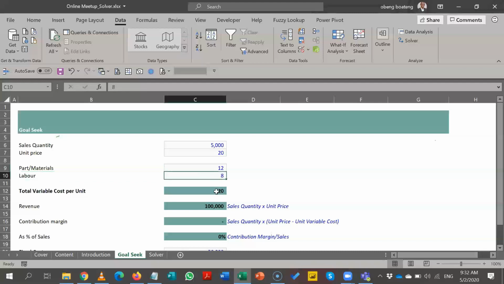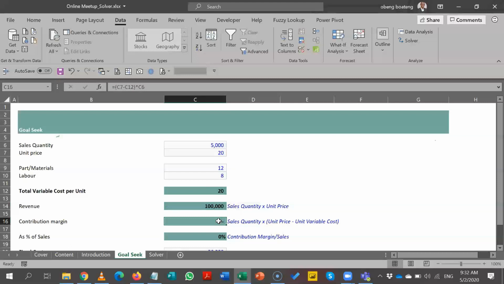So the total variable cost to produce a single product is 20, which is calculated here. My revenue is a simple multiplication of sales and quantity. So this gives me 100,000.